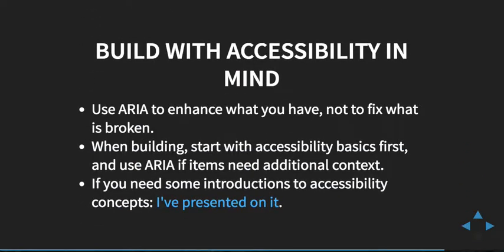So, building with accessibility in mind. I see a lot of people using ARIA to fix things that are crappily built. I really don't like that. Whenever I build a site, even if it takes a little bit longer, I will make sure I run it through the WAVE tool before I start styling it. Very important, before I start styling it.